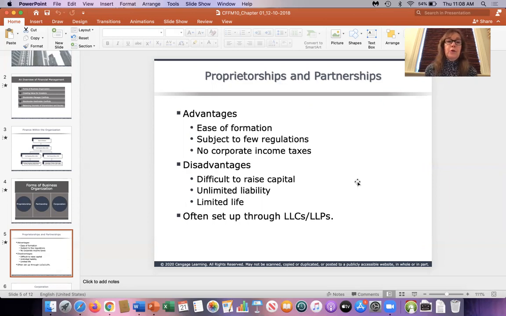For example, if you decide you're going to get into the tutoring business, or the landscaping business, or be a pet walker, those are popular these days, or be a nanny, you're a sole proprietor. And you really don't have to do anything. If you want to, you can apply for an EIN, employer identification number, with the IRS. If you have sales income of a certain amount, you're supposed to do that, but that's basically it.